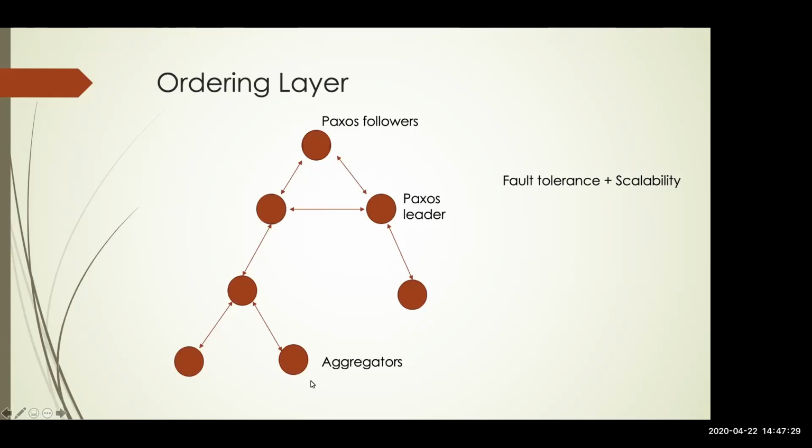Each aggregator has the local cut sent by a particular data server, and propagates the local cut to its parent aggregator. Thus fault tolerance is achieved by Paxos, and scalability is achieved by the aggregators.